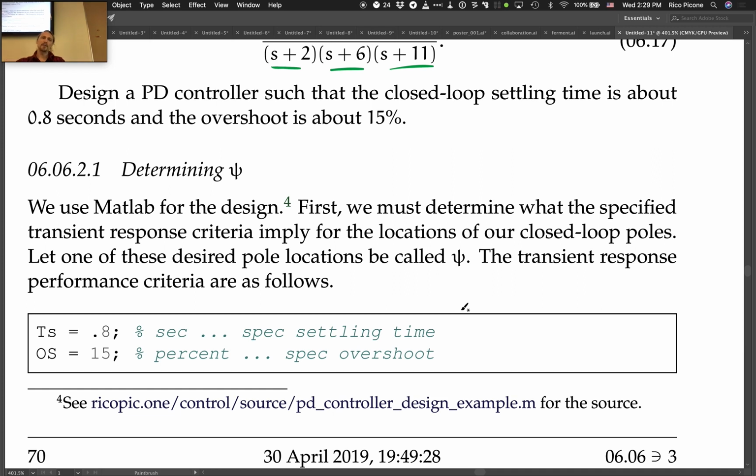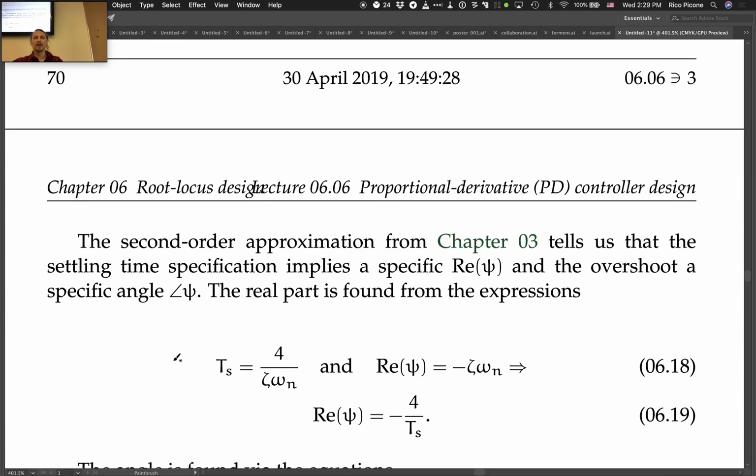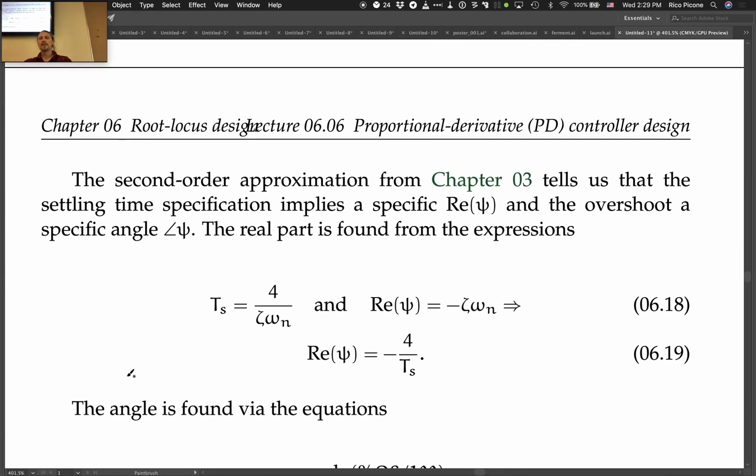The transient response performance criteria are given in the problem, right? 0.8 seconds and 15% overshoot. So the second order approximation from chapter 3 tells us that the settling time spec implies a specific real part of psi and the overshoot a specific angle of psi. So those are the two things that are specified. The real part is found from the expressions below here.